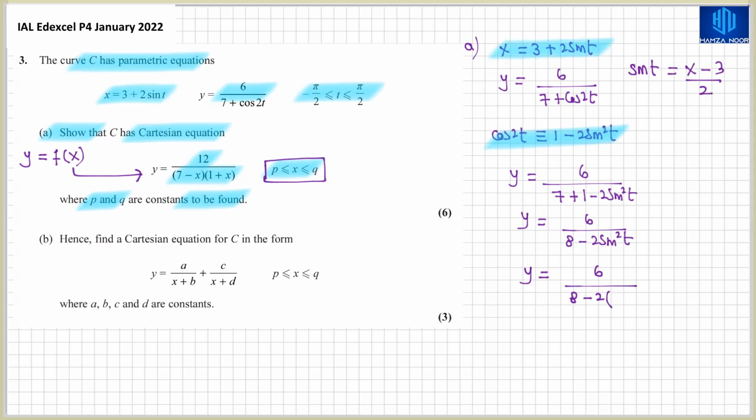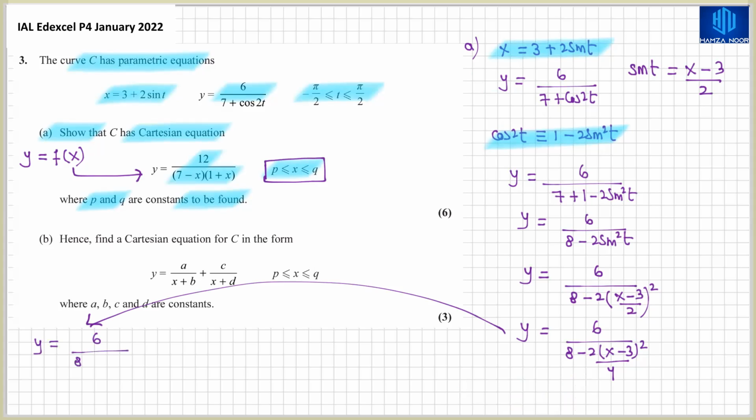So we can write (x minus 3) over 2, whole squared. So now in the next step, y is equal to 6 divided by 8 minus 2 times (x minus 3) whole squared divided by 4. If I simplify this further, y is equal to 6 divided by 8 minus (x minus 3) whole squared over 2.